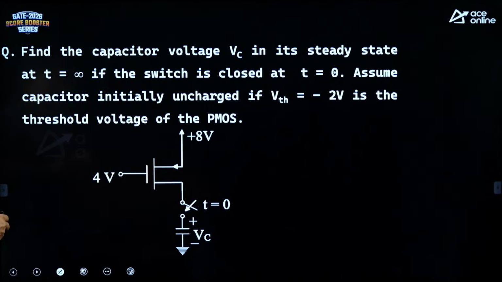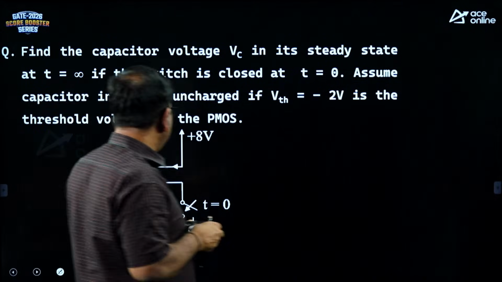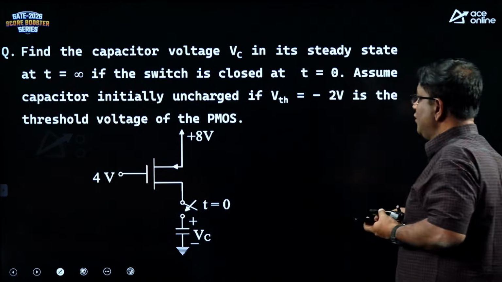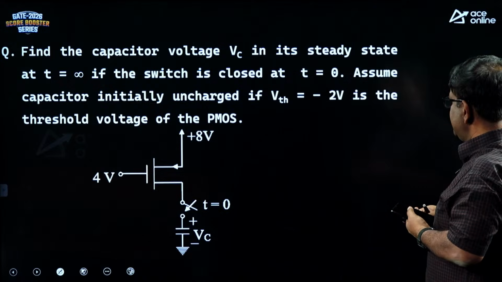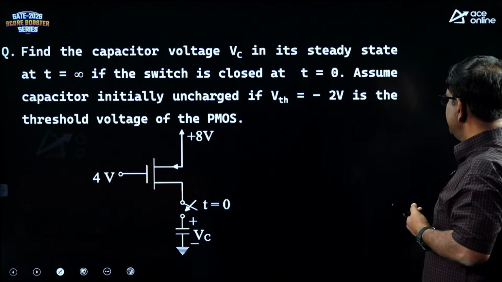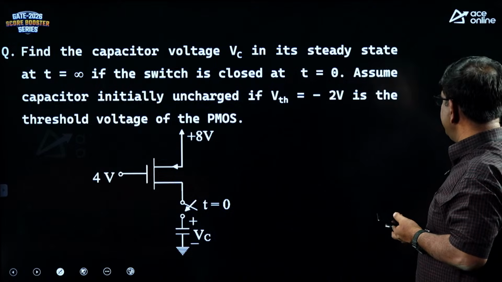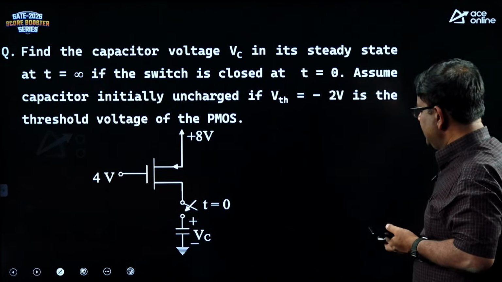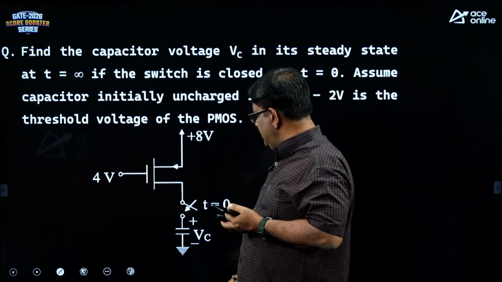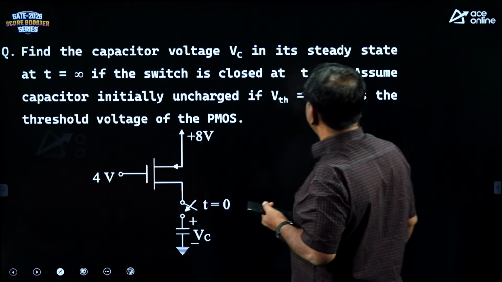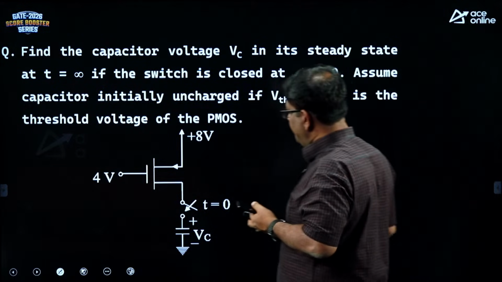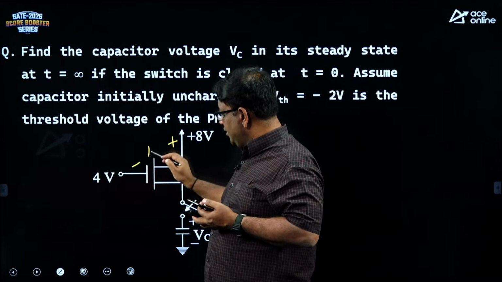Find the capacitor voltage Vc in its steady state at T equal to infinity if the switch is closed at T equal to 0. Capacitor is initially uncharged. Vt is minus 2 is the threshold voltage. So, now in this problem, the capacitor here permanently again you have given 4 volt.